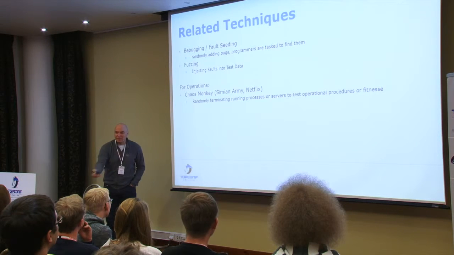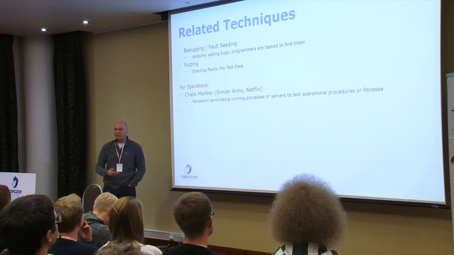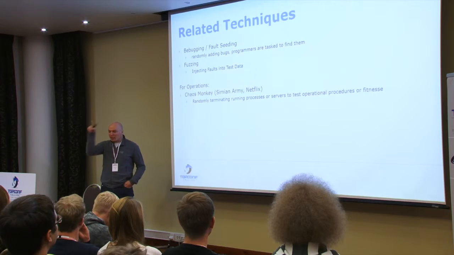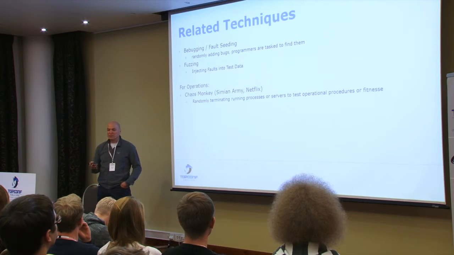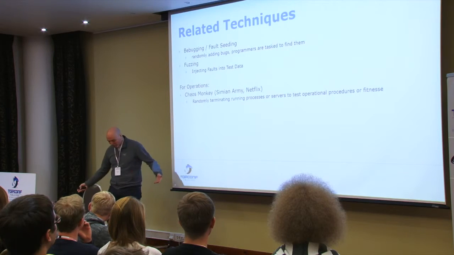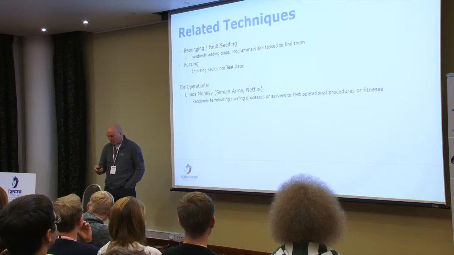We inject a server crash into the system and see if operations can find and fix it. Same with airport security, for instance. The metal detector produces random false positives, just to check that the security people are doing their job well. They have to check you and say, okay, we didn't find something, go through again, okay, it's all green now. It's basically the same pattern.